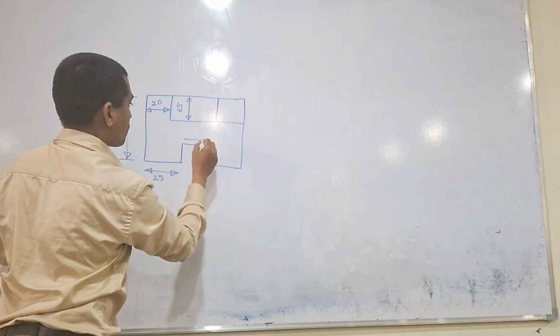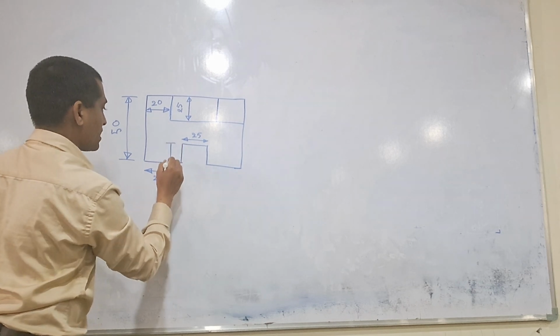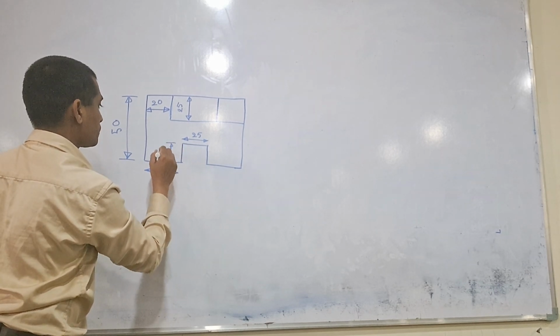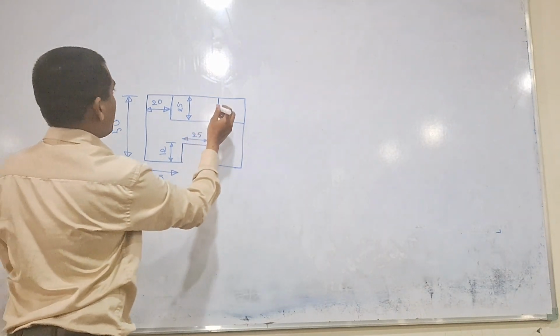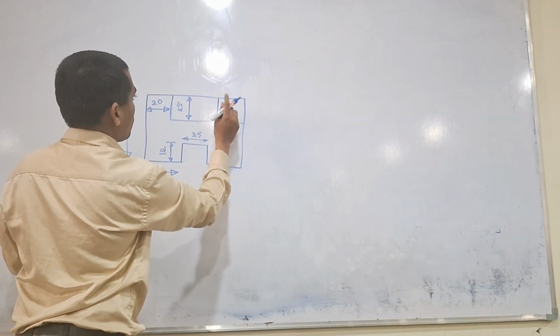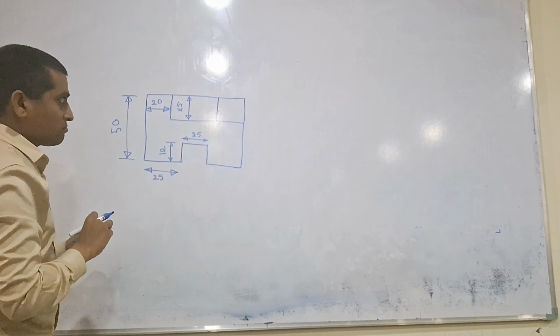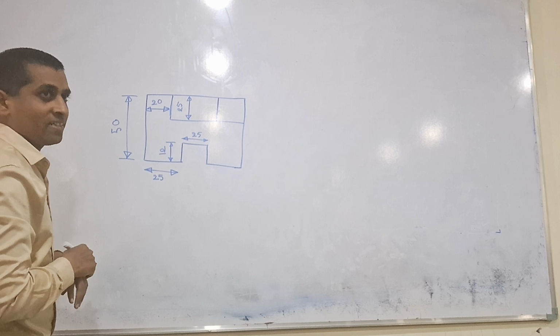This distance is 25. This one is 12. And this one, 20, it is not given, let us say. Right? Of course, it is 20, right?